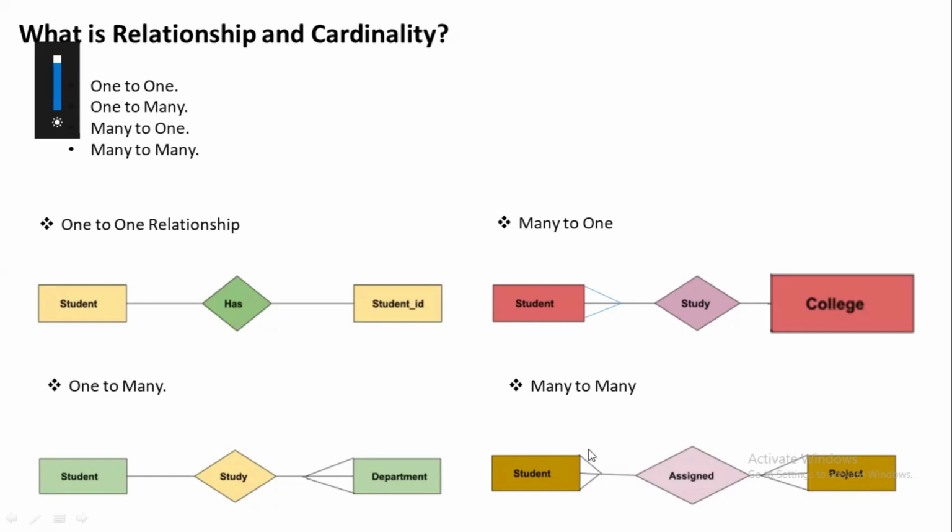We can represent it with many lines, or we can put N to N. Those are the main four parts in relationship and cardinality.